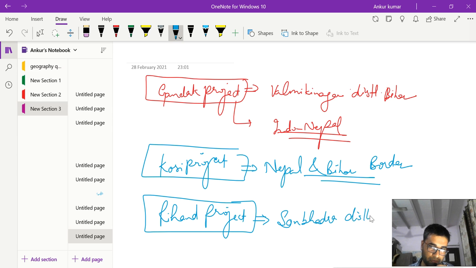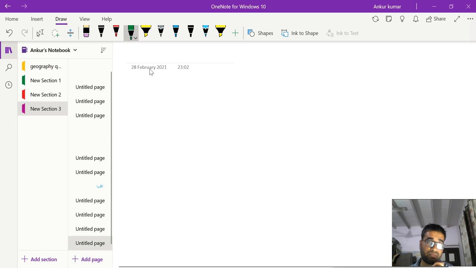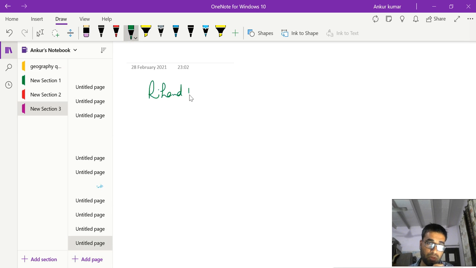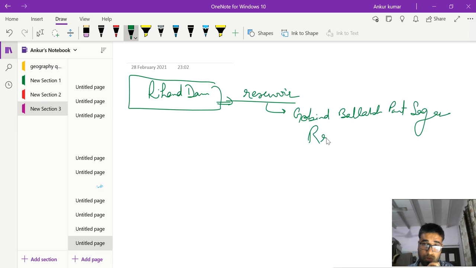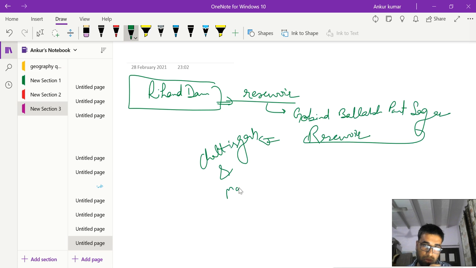And the Rihand Dam forms the reservoir that is known as Govind Ballabh Sagar Reservoir, and it is in the border of Chhattisgarh and MP. Okay, so you remember this is the Rihand project.